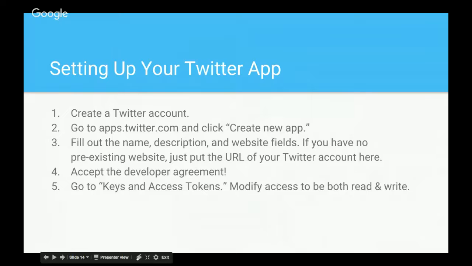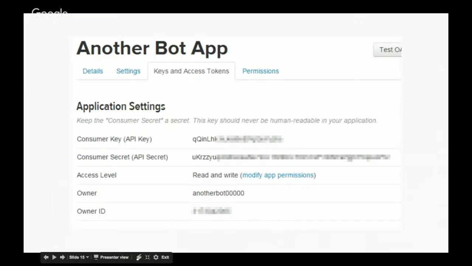Five, go to keys and access tokens. It's the third tab that should appear. Modify access to be both for read and write, and I'll show you what your screen should look like after step 5. So say you made another bot app, you go to this third tab from the left, or second from the right, and go to application settings.